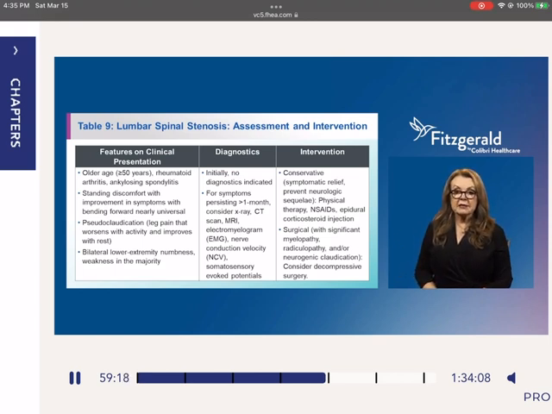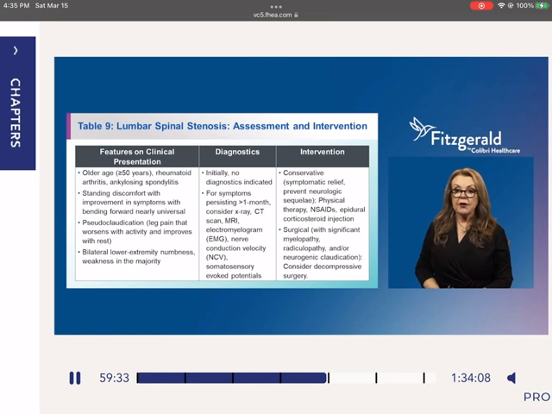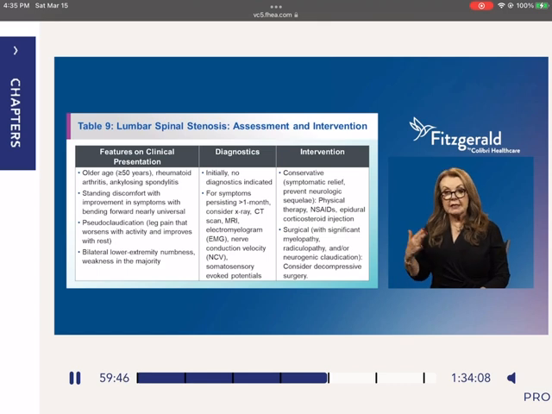Conservative therapy, like symptomatic relief, prevention of neurological sequelae, is generally what the therapy is. So you, as a PCP, right off to physical therapy, start NSAIDs, and then if that's unsuccessful, go with epidural corticosteroid therapy. And surgical intervention for decompression surgery is oftentimes considered if the person does not improve with more conservative therapy.